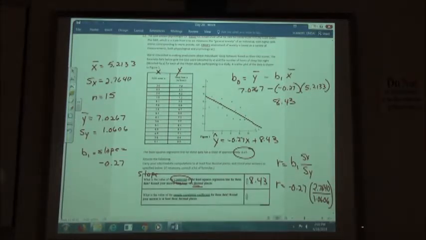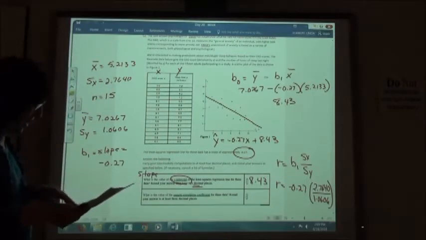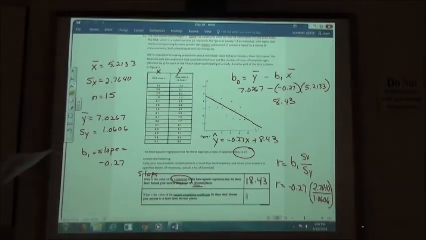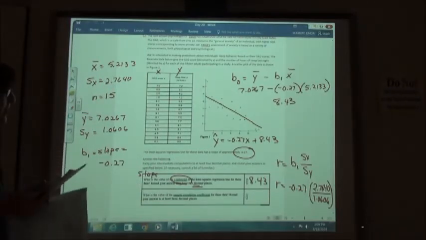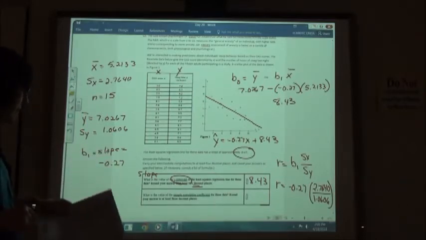And so, a lot easier to find your R value if you know that information from your equation instead of having to use that gigantic formula we used on the first problem. We're just going to punch that into our calculator. So negative 0.27 times 2.7640 over 1.0606.